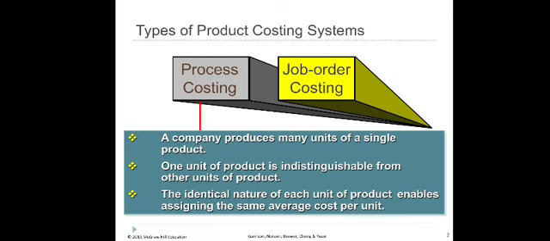So remember, if you see a business that produces one product but in many quantities, then the business can use process costing system to calculate the cost per unit for the product. In the later slides, you will see several examples.